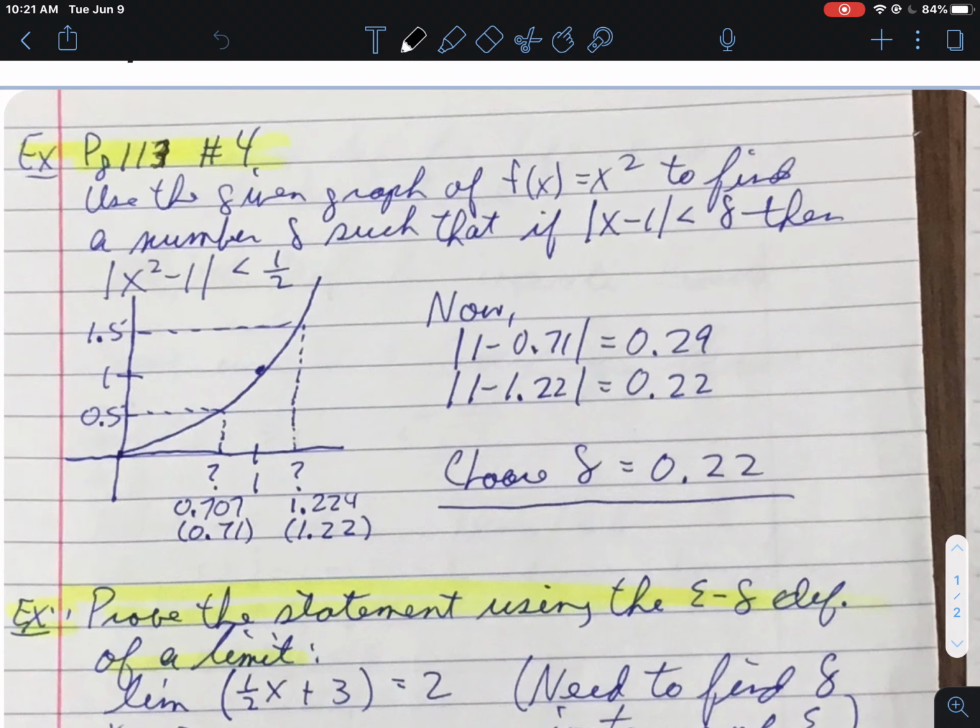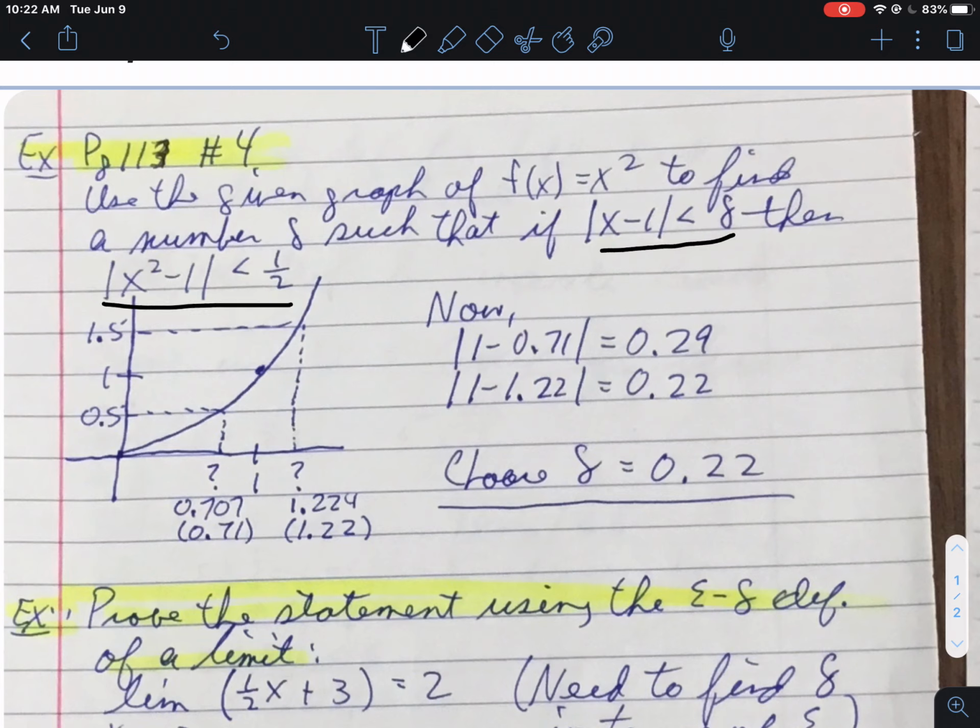All right, so here's another example, and this one's a little bit quicker. Now we kind of have the idea. This one is taken directly from the homework. It's number 4 on page 113. We're using the graph of f of x equals x squared to find a number delta such that if the distance between x and 1 is less than delta, then the distance between x squared and 1 is less than 1/2.